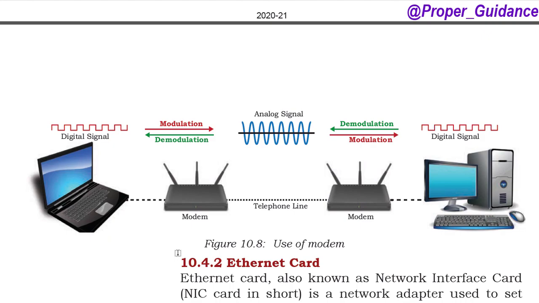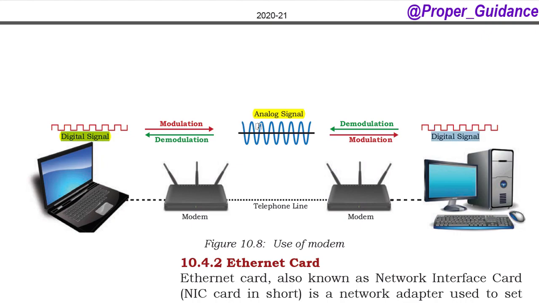Look at the picture. First one, digital signal is sent through a laptop. Here, modulation, demodulation. The red arrow is for modulation. You can see the digital signal in 0 and 1, 0 and 1. This is the diagram of digital signal, a graphical representation, you may say. And after that, when it is passing through the modulator, that is the modem, from the sender's end, it will be converted to an analog signal. You can see it in the blue ink.